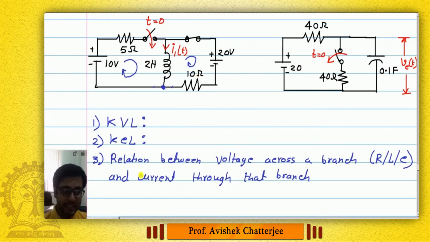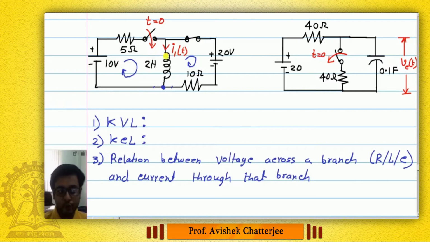From these relations you can write possibly a number of differential equations which you can then solve to get these voltages and currents as functions of time. However, our approach will be different.